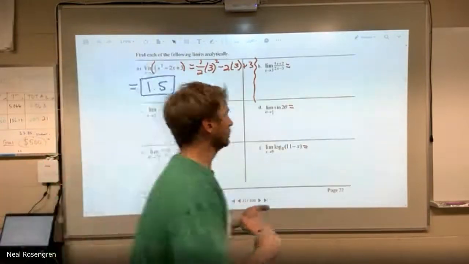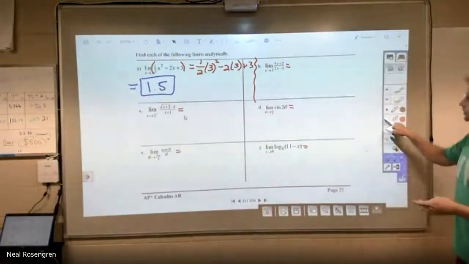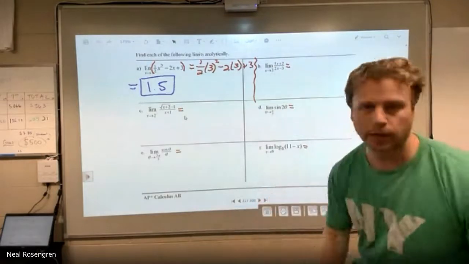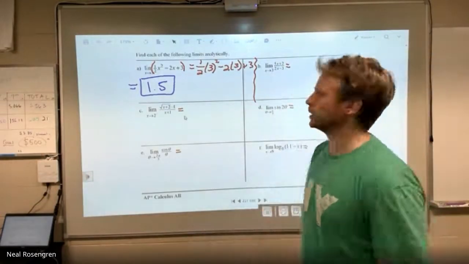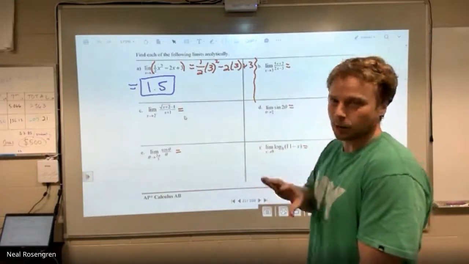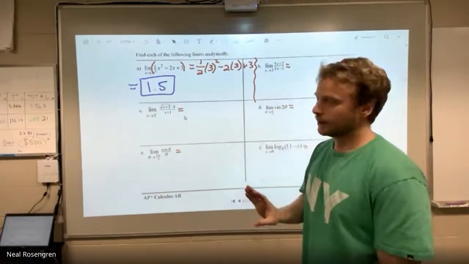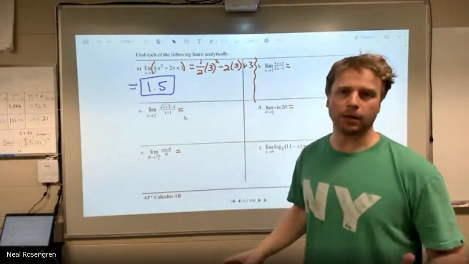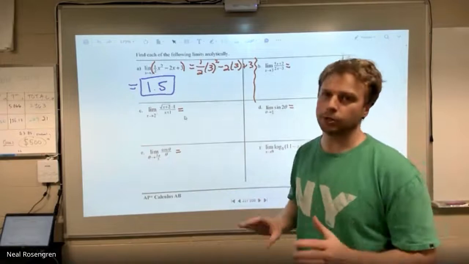And so when I slide over here to the second one, I felt really good about A because it was just a polynomial. I know polynomials are continuous. I don't have any worries. Well, now my heart slows down for a second, and it's like, okay, hold on, wait a minute. This is rational. We know that tricky things can happen when we divide by 0. And we just want to make sure that we're not doing it.